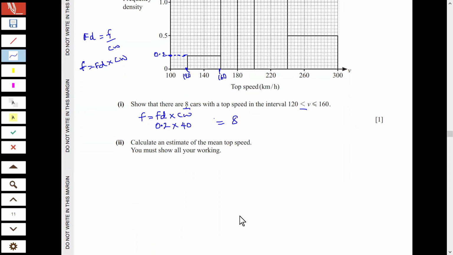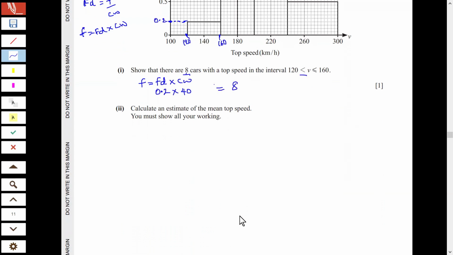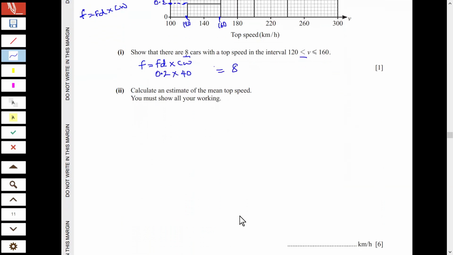So the next question here: calculate an estimate of the mean top speed. You must show all working. In this case, first and foremost, we have a class interval.